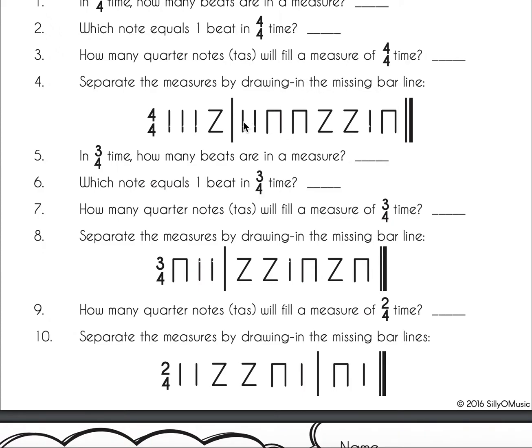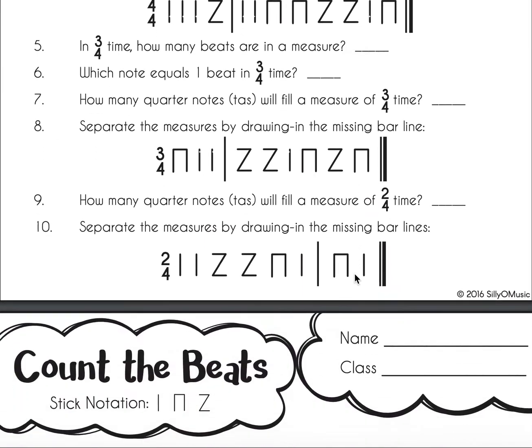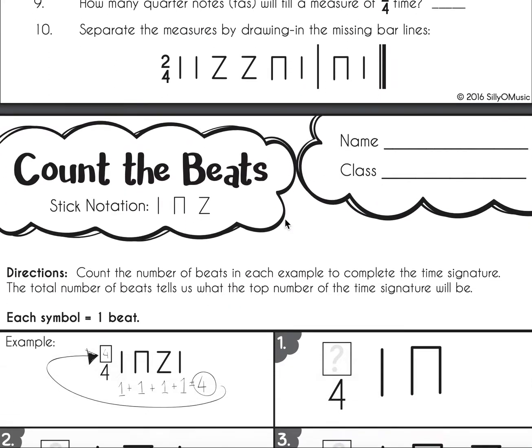Because right now, I have 1, 2, 3, 4, 5, 6, 7, 8 beats. This top number 4 tells me that I'm only supposed to have 4 beats in each measure. So you have to count out to 4, and then wherever that is, draw a line so that you don't have 8 beats. Instead, you have 4 beats in the measure. The next questions are the same thing, just changing from 4/4 time now to 3/4 and then to 2/4. And that completes that first worksheet.